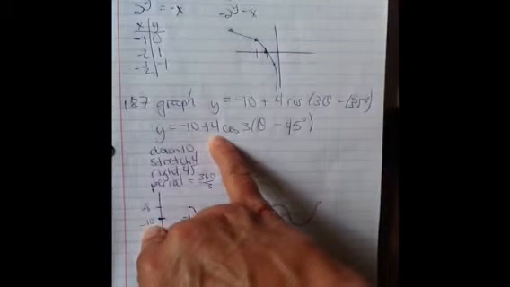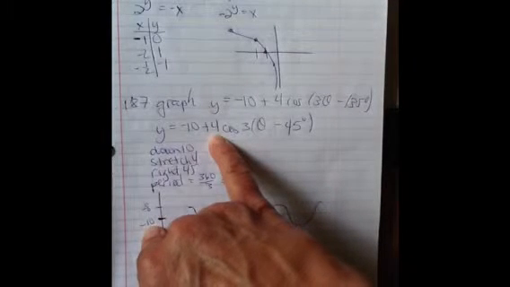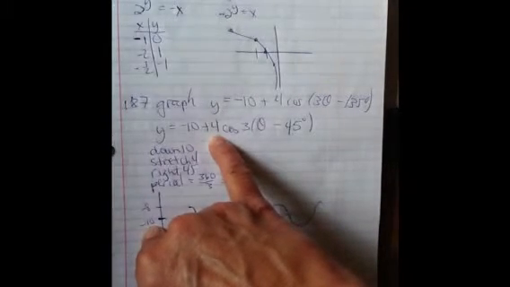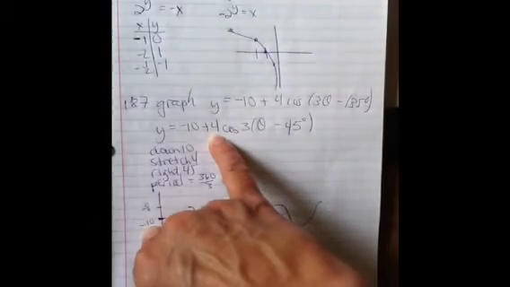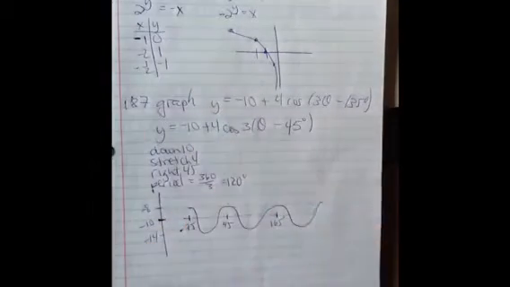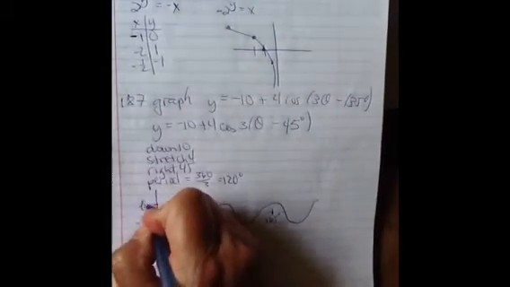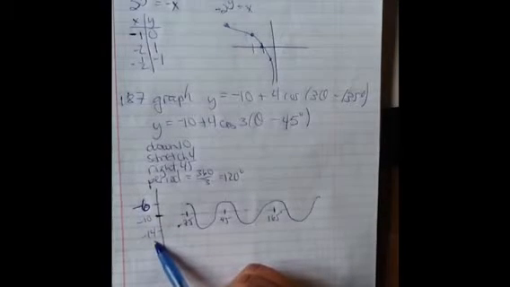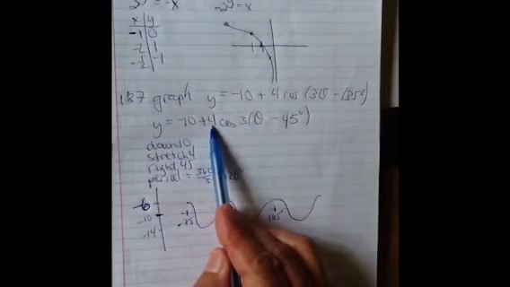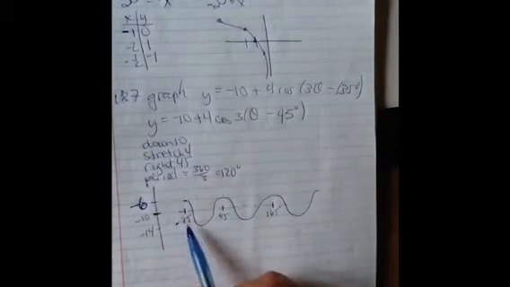It says I go up 4. So if I go up 4, I should end up with this value being negative 6. And if I go down 4, I get a negative 14. That covers this. Now I know that I went to the right 45.